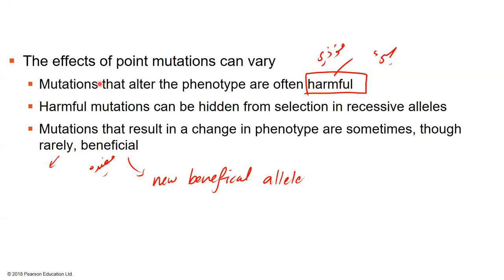Typically, natural selection will select against these harmful mutations, but they might remain within the population, hidden in recessive alleles, hidden from natural selection.